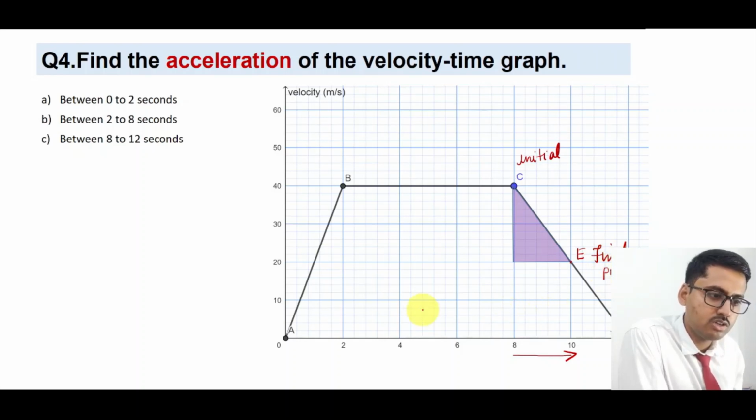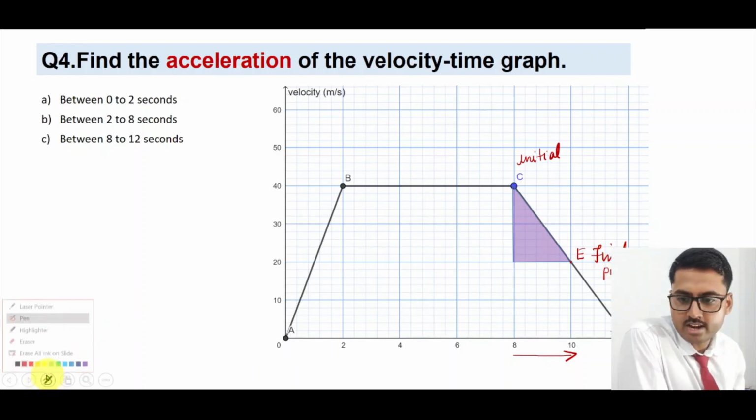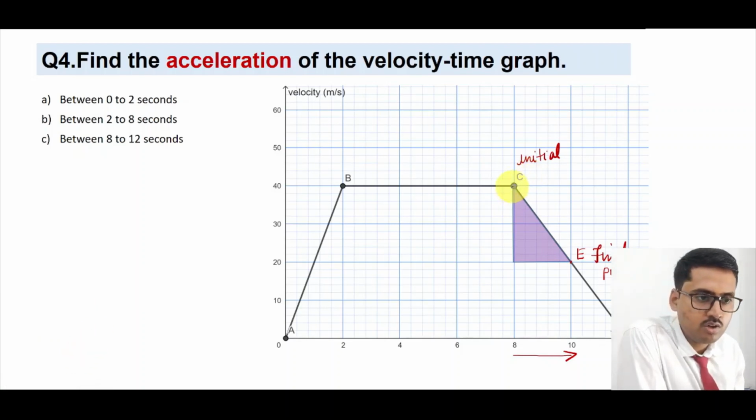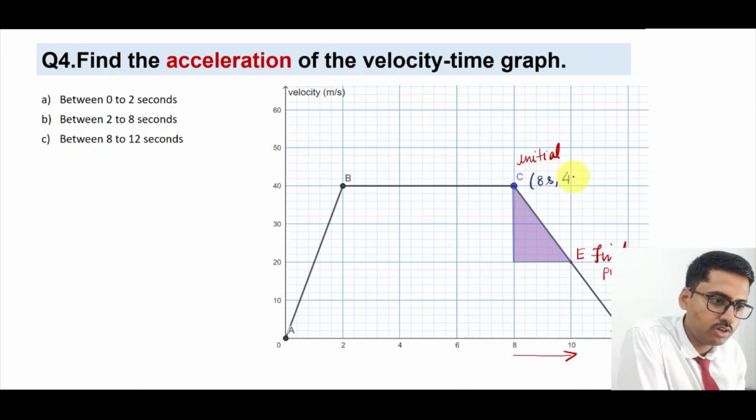Okay, so if we write the coordinates properly over here, let us see the coordinates. For point C, the x coordinate is 8 seconds and the y coordinate, in the velocity, we have 40 meter per second. Similarly for point E, this is going to be 10 seconds and in the velocity we have got 20 meter per second.